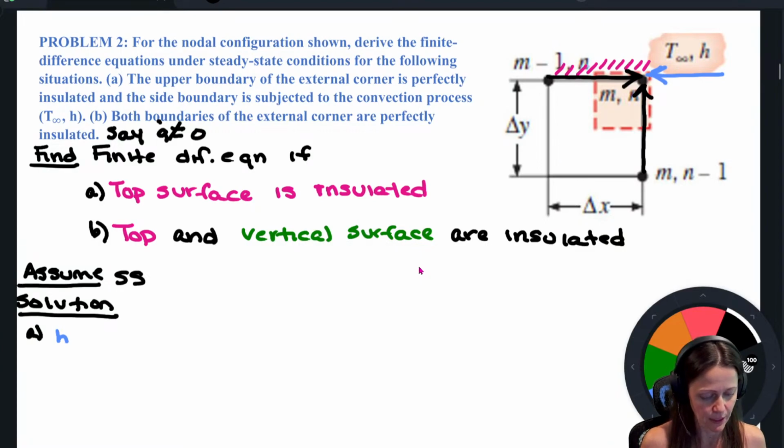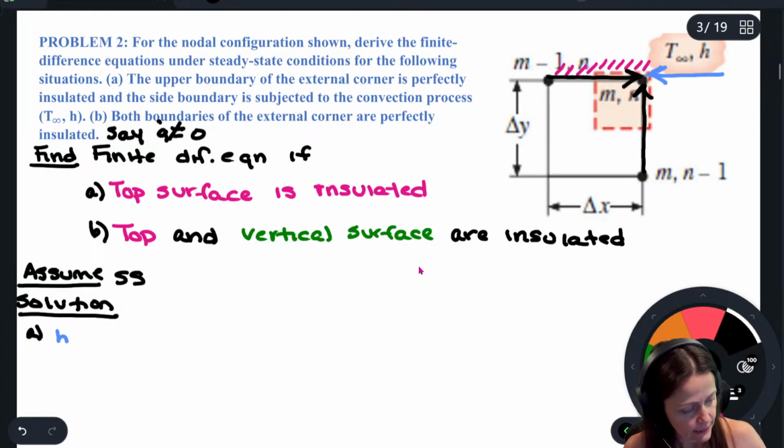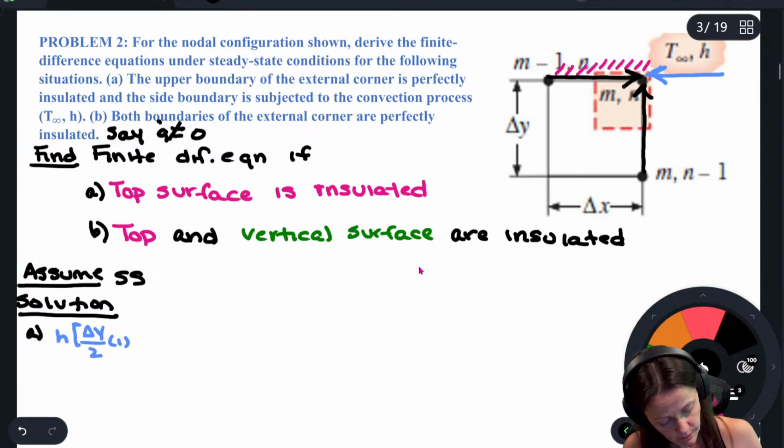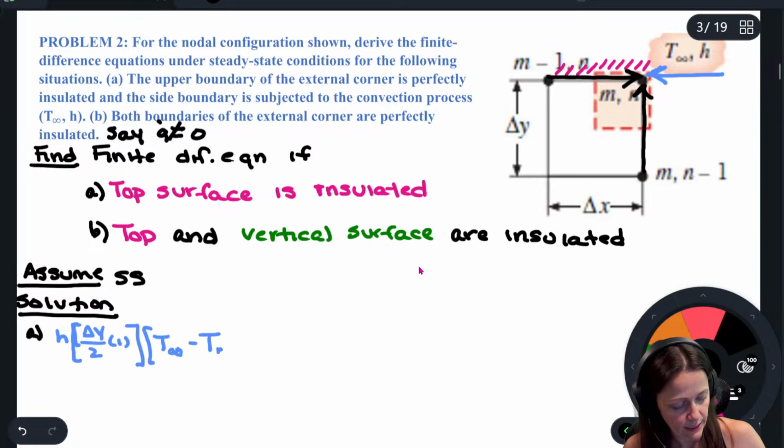What you'll notice is that this is a quarter of an element, so the area this blue arrow is going into is a half area. So it's going to be h times delta y over 2 times 1, times T infinity minus T m,n.